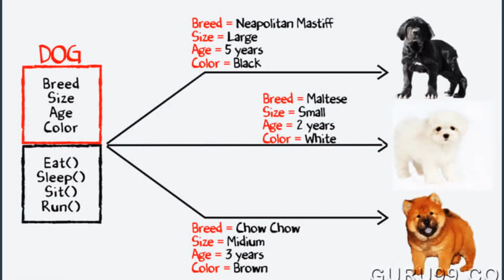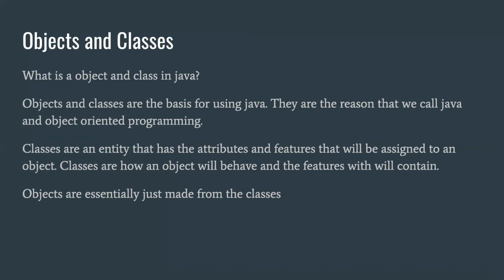That's called the constructor line, and we use that to create an object. When we make that object, we define different things. We define the variables: breed, size, age, and color. Now that we've defined each of the attributes, we can also access the methods. So if I wanted to access the eat method for one of the dogs and put in something there, then I could do that. Okay, let's go back.